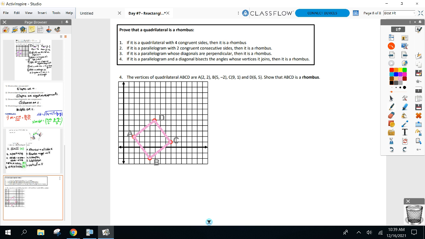All righty, got it all graphed here. If you have a 4-sided figure where all 4 sides are equal, it's definitely a rhombus. Could be a square, but that's tomorrow's business.